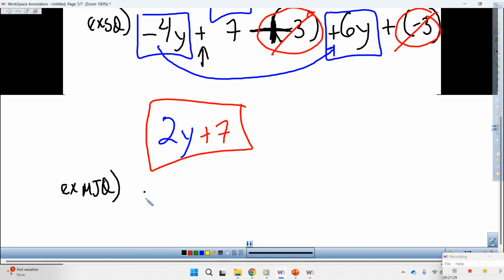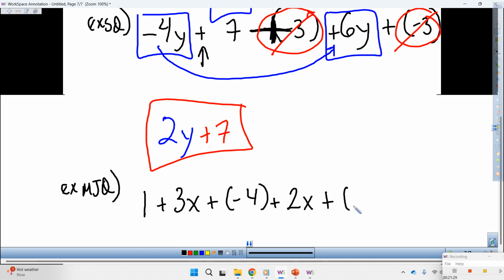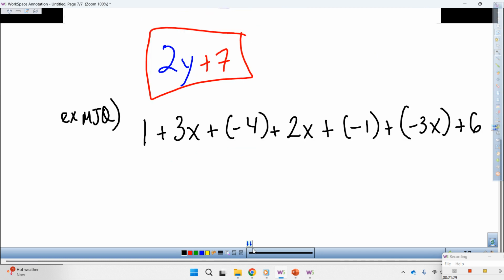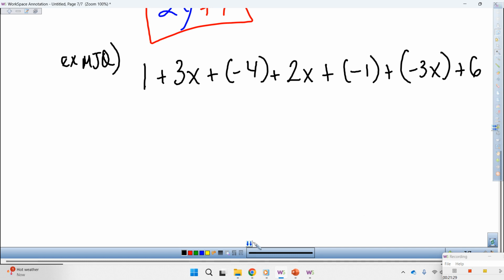Here we go. 1 plus 3x plus negative 4 plus 2x plus negative 1 plus parentheses negative 3x plus 6. Go down by yourself. Let me send you a screen. As soon as you're done, send me your notes. Go.